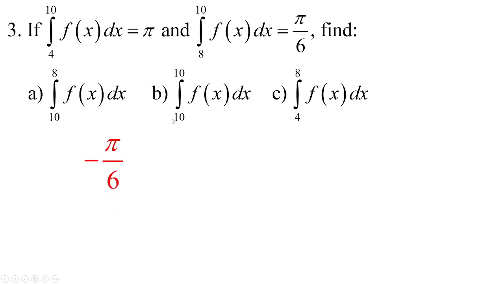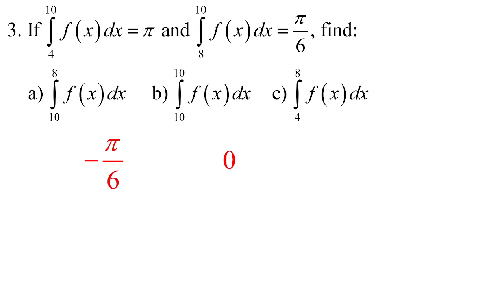All right, now look at this one, 10 to 10. Well, remember, that interval gives me the base of an area of a region under a curve. So I don't have any base right here, so this would have to be a 0. All right, and now 4 to 8 of f of x dx. Well, I have 4 to 10 right here, and I have 8 to 10 right there.